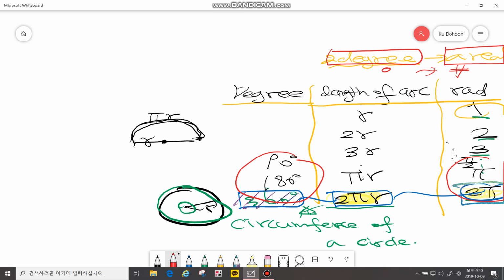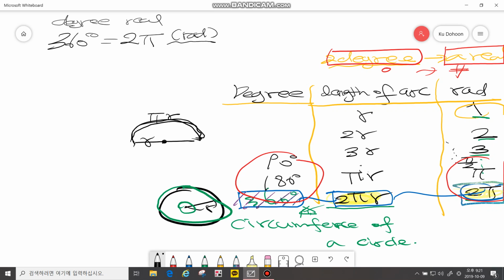So we know that 360 degrees is 2 pi in radian, right? This is degree, and this is a real number. We sometimes use RAD, but you don't need to write it down. When we say just 2 pi, we take it as a radian. So 360 degrees is 2 pi, and 180 degrees is pi, right?